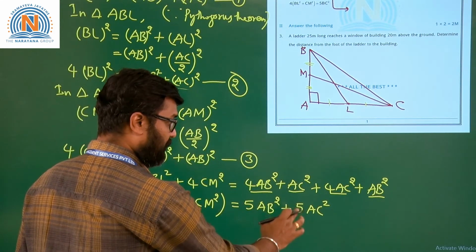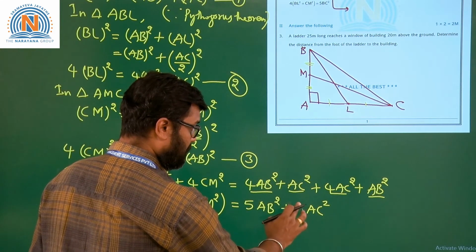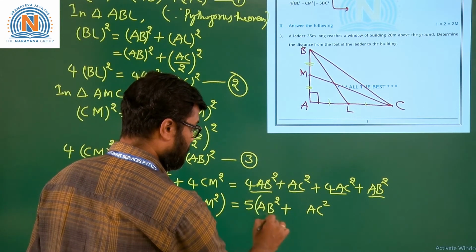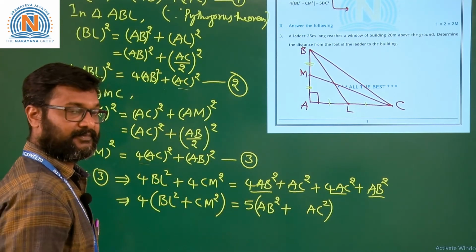Now I am taking 5 common in both terms, so this 5 will disappear, and here 5 into AB square plus AC square, isn't it?